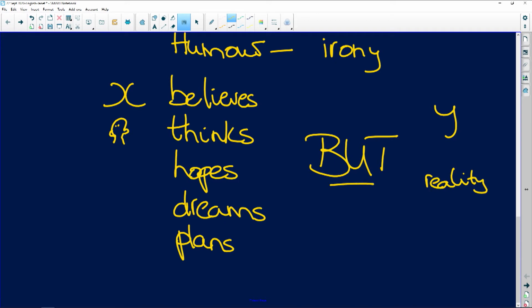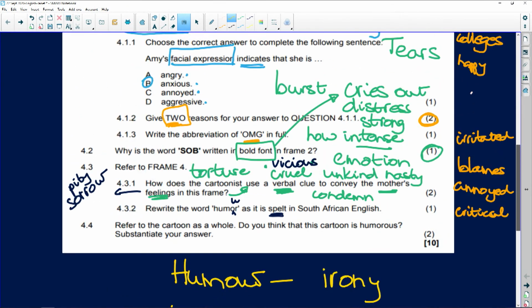I would always use the word but. It's for the marker. It's so that the marker sees that you get the difference between the belief and what the truth is. All right, so let's look for irony in this cartoon.